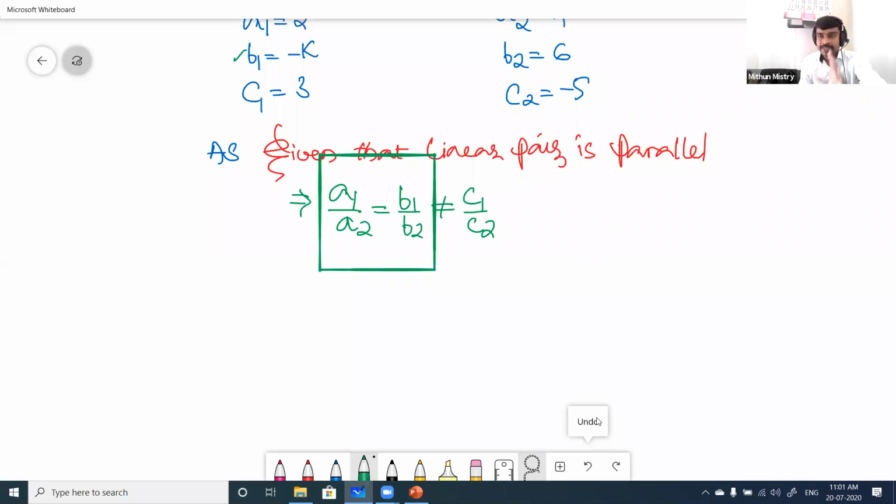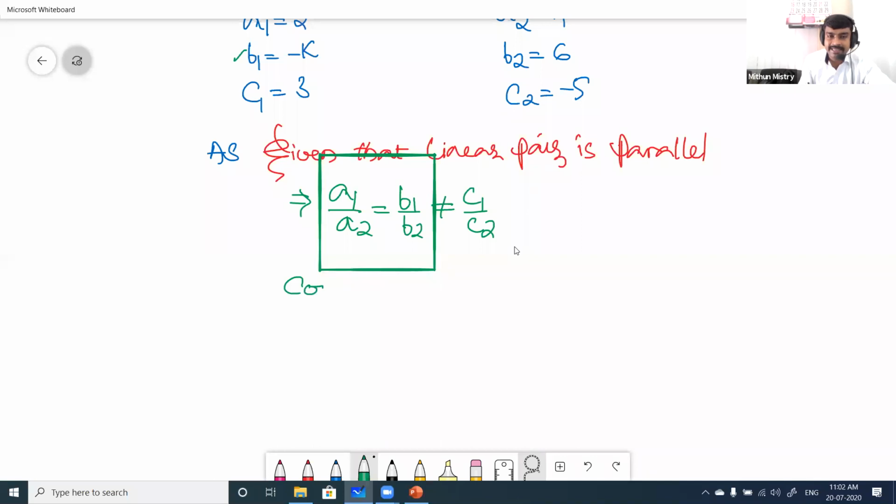If K were in C1, then you will consider A1 by A2 is not equal to C1 by C2. Presently, I'm just going to take A1 by A2 is equal to B1 by B2 only.